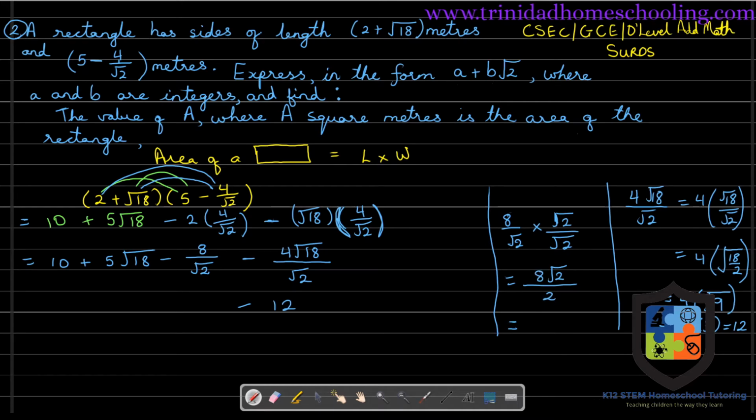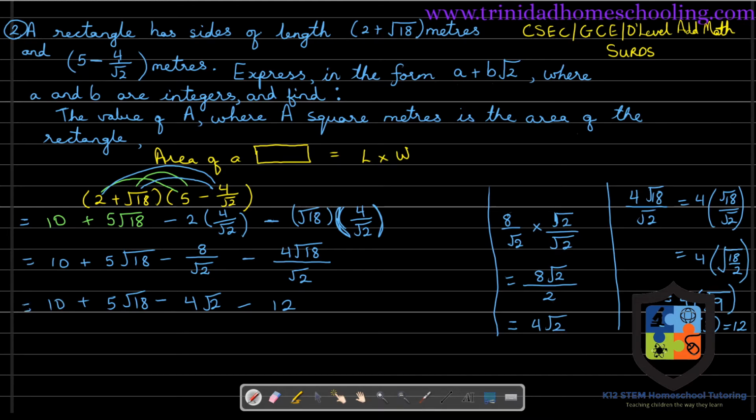And 8 divided by 2 is 4 root 2. So we're going to put this back here, 4 root 2. Let's put everything else back and see what else we can do with this.